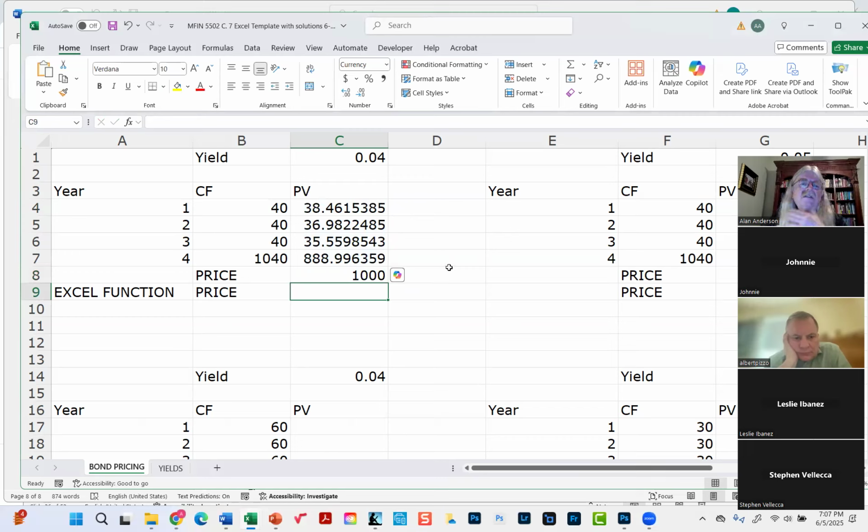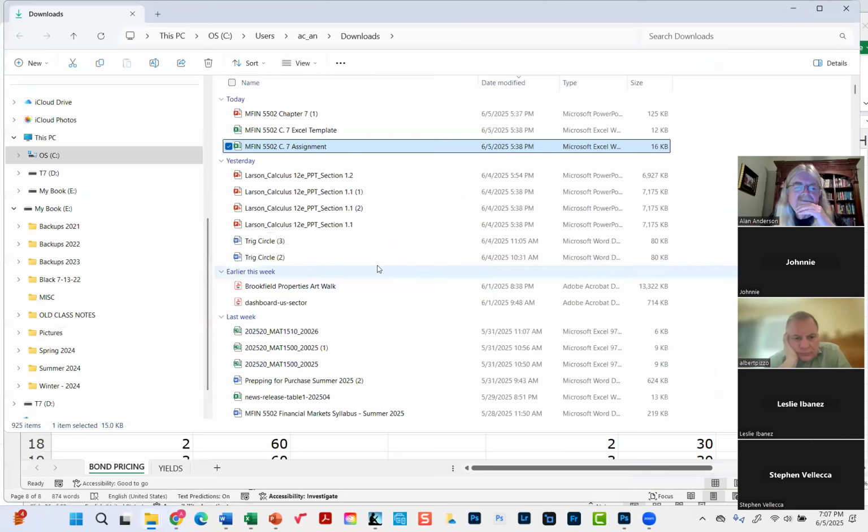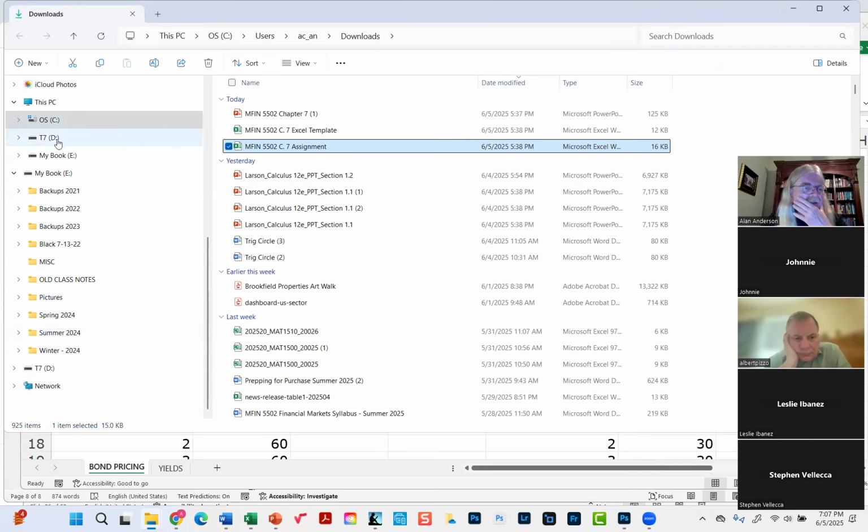Now, let's see, I forgot what function I'm referring to. Hold on 1 second. I just want to double check something here.